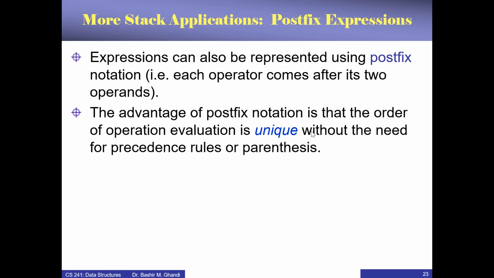There is no precedence rule to observe. Also, postfix expressions don't have brackets at all. There are no parentheses, and the expression is always evaluated uniquely. This is why they are computer friendly. In fact, most compilers, before they evaluate your arithmetic expression, normally convert it to postfix, then they do the evaluation.